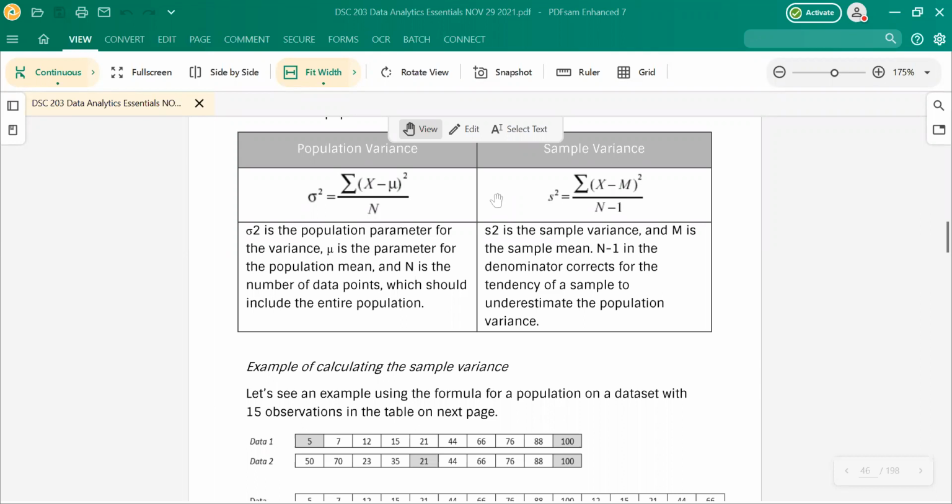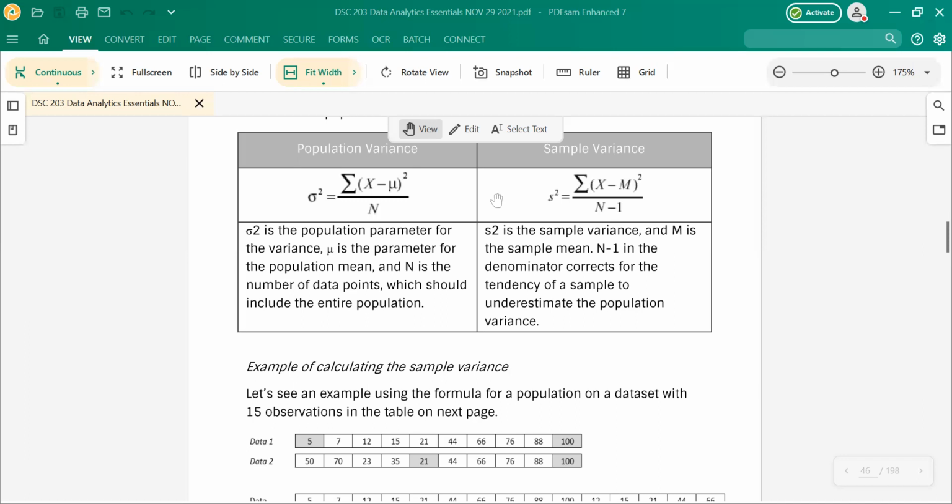But where you have sample variance, that means you don't have access to the entire data. You have access to only sample data, right? Maybe 50,000 out of 1 crore, right? So in that case, you calculate the exact same thing. But the problem there is your variance will be higher than what you have calculated, because there's more chance of error.